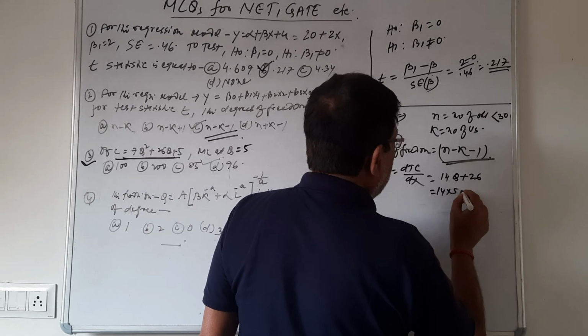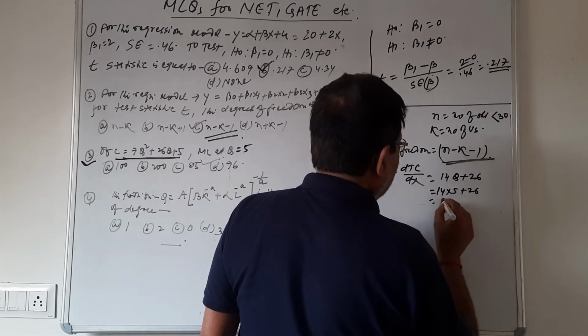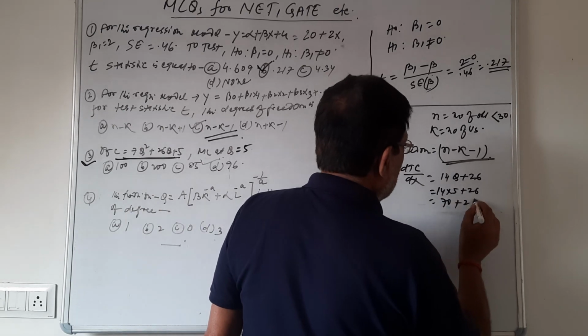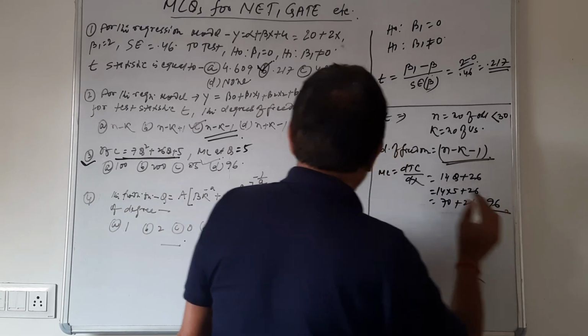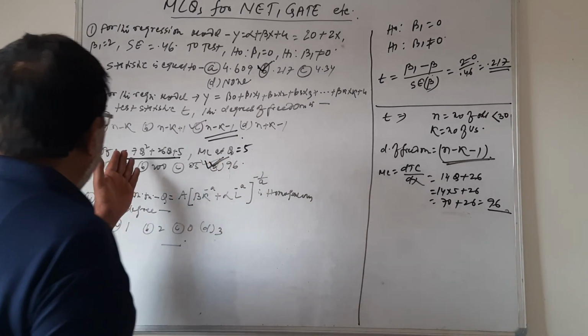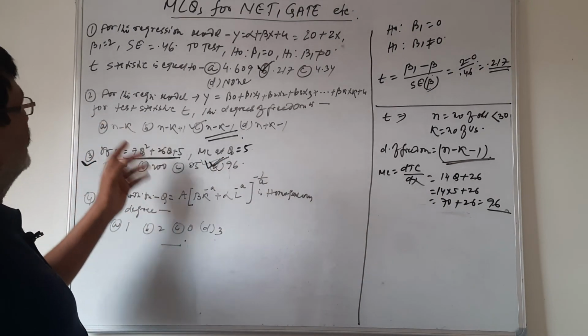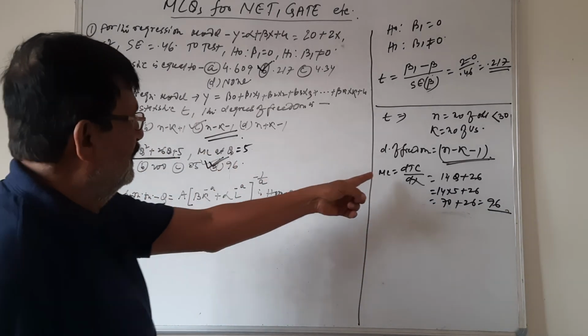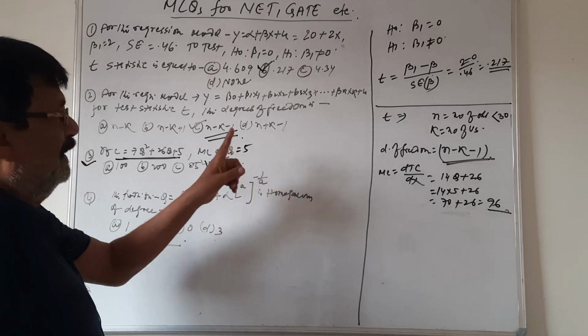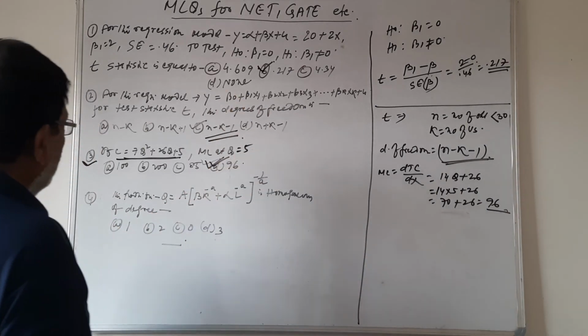So 14 into 5 plus 26, this is 70 plus 26, which is 96. So 96 would be the answer. Simply differentiate the total cost once to get the marginal cost, and put q as 5 to get 96.